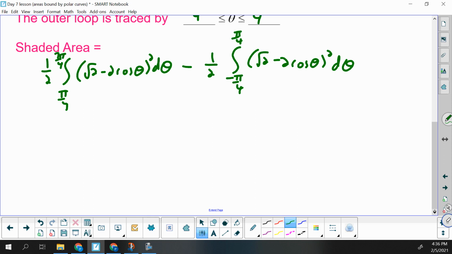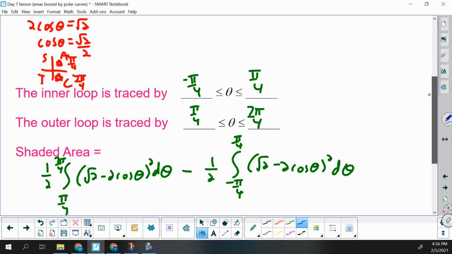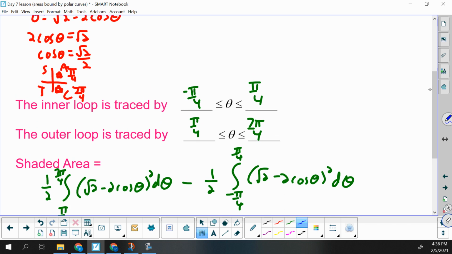And because we have the same for both, I think it's advantageous to take it off to the side and work it out. So when we square that, square root of 2 times square root of 2 is 2. Our inner and outer are both going to give us a minus 2 square root of 2 cos, so that'll give us minus 4 square root of 2 cos theta. And then negative 2 cos theta times negative 2 cos theta will give us 4 cos squared theta.